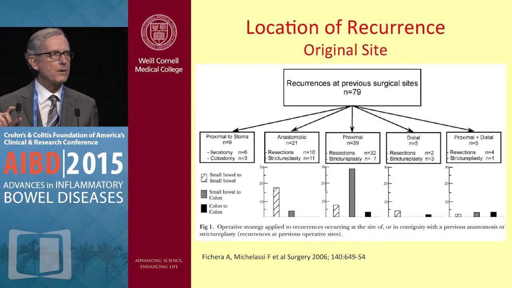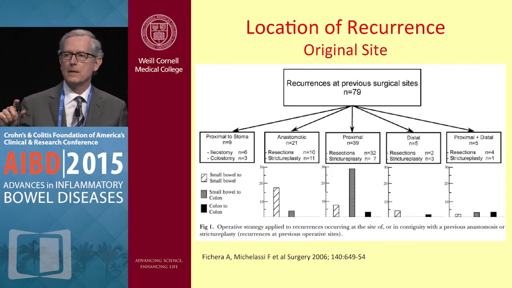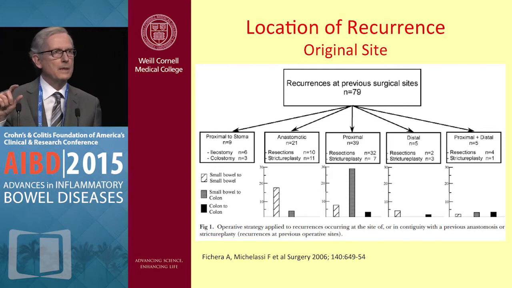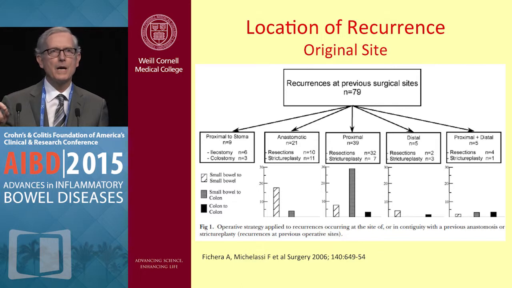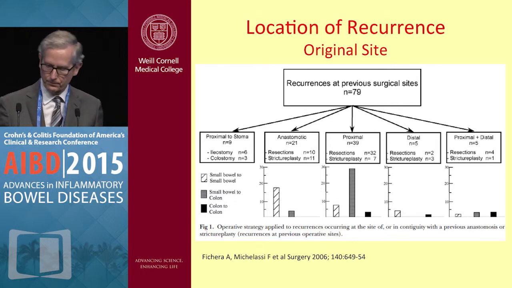And so through very accurate note-taking, we're able to clarify where recurrences occurred. And again, I said the slide is busy, but the message is that in about 75% of situations, the recurrences occur at the ileocolic anastomosis or on the immediate pre-anastomotic neoterminal ileum.